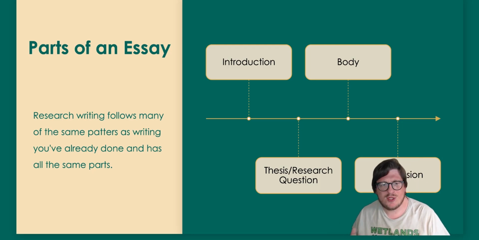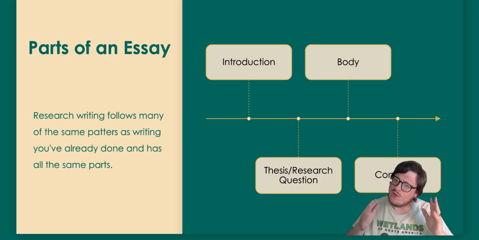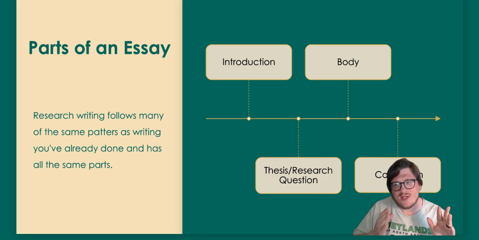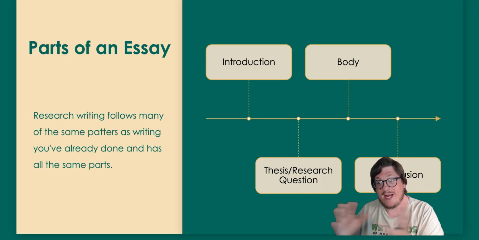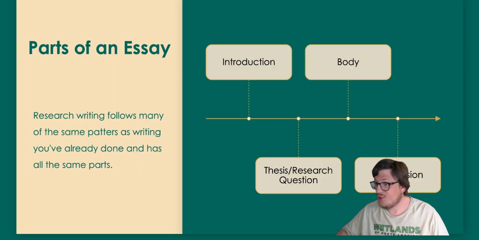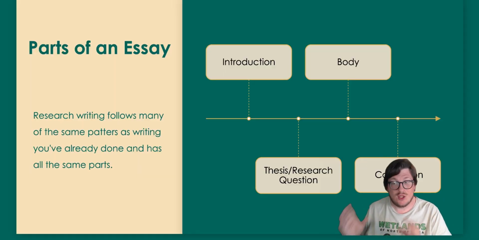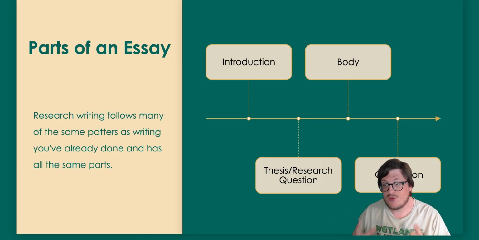Sometimes they work a little differently, but they really follow the same patterns and have the same parts. So if you know how to write a different kind of essay, it's pretty easy for you to just turn that into research writing. You're still going to have an introduction. You're still going to have a conclusion. You're still going to have a body where you're making your arguments. You're giving your data. All of those things.